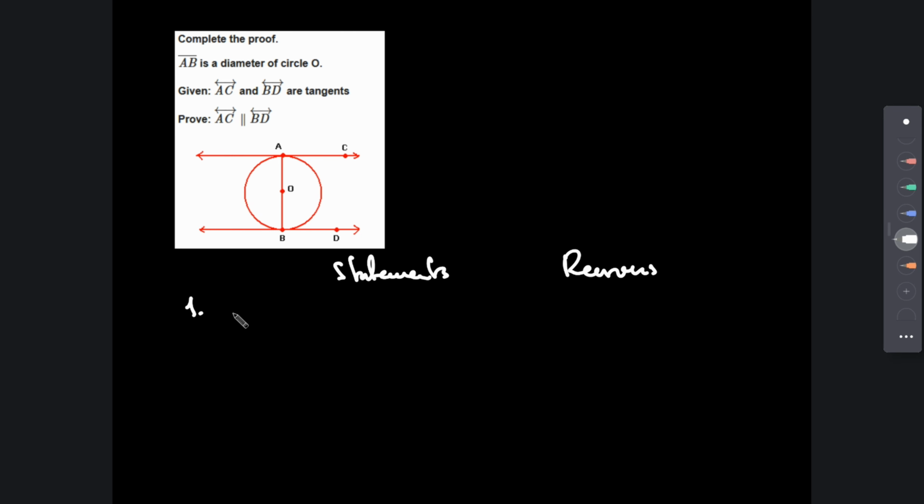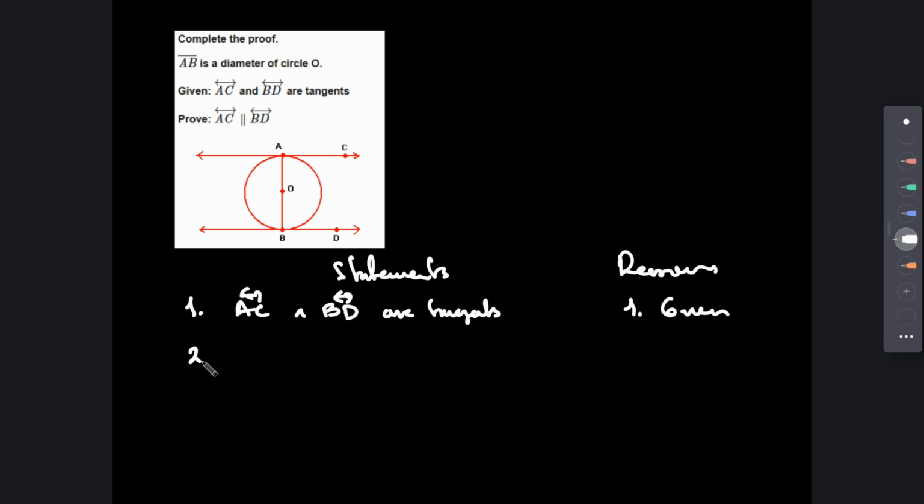Our first is our given: line AC and line BD are tangents. This is our given. Second, like I said, since it's a diameter, we know a theorem that states that this line forms a 90-degree angle at the point of tangency with line AC.